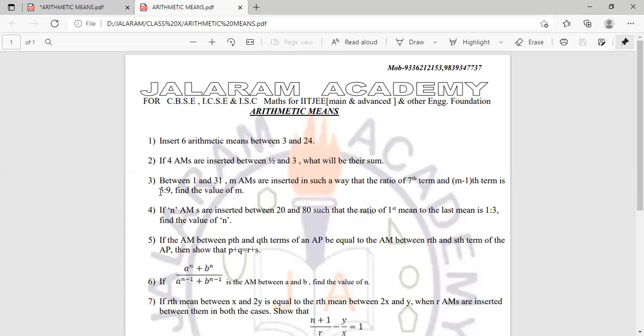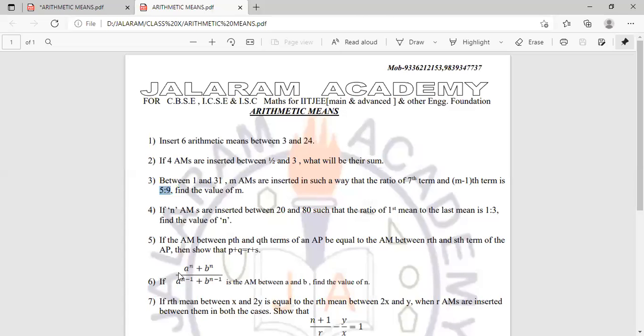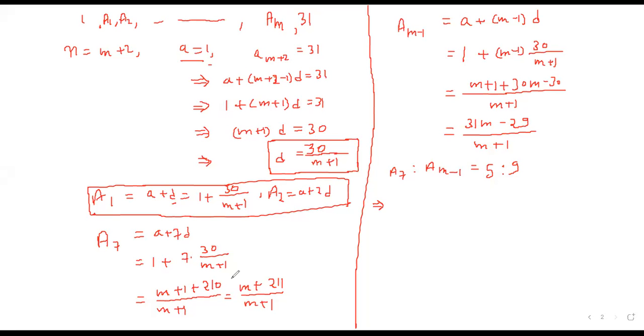the ratio 5:9. In place of A7, it will be m plus 211 over m plus 1, and in place of A(m minus 1), 31m minus 29 over m plus 1, and it is equal to 5:9.